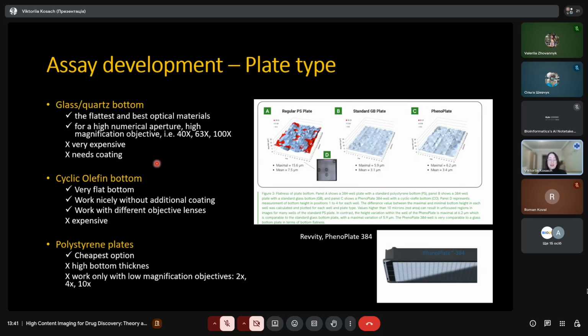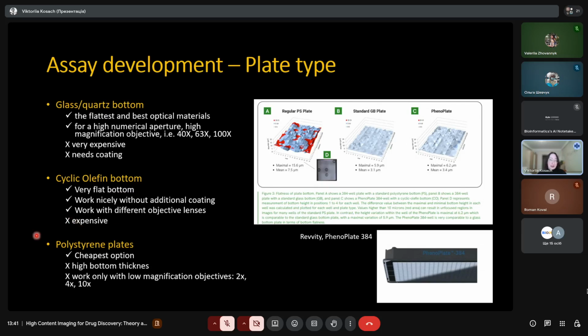So actually, from my experience, almost all high content imaging scientists are using cyclic olefin bottom plates. It's a polymer that also helps to make a very flat bottom of the plate, and it works quite well without any coating, and could be used with different objective lenses, which is also very important. However, they are quite expensive.